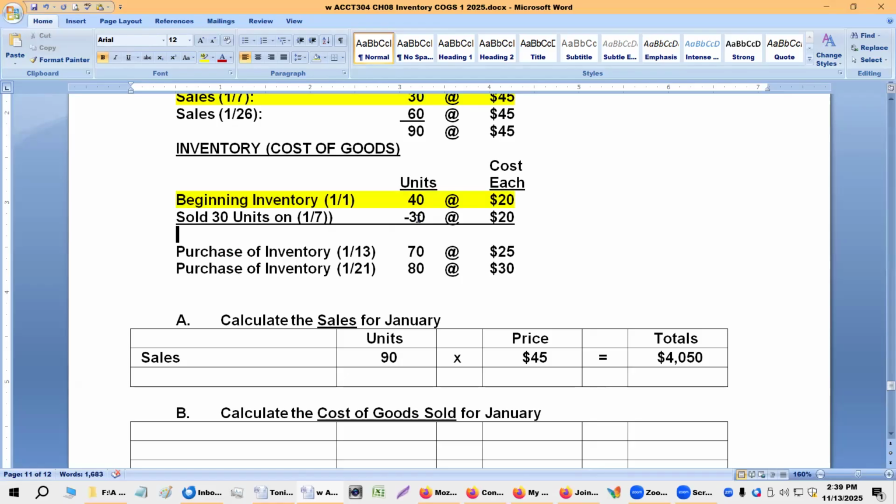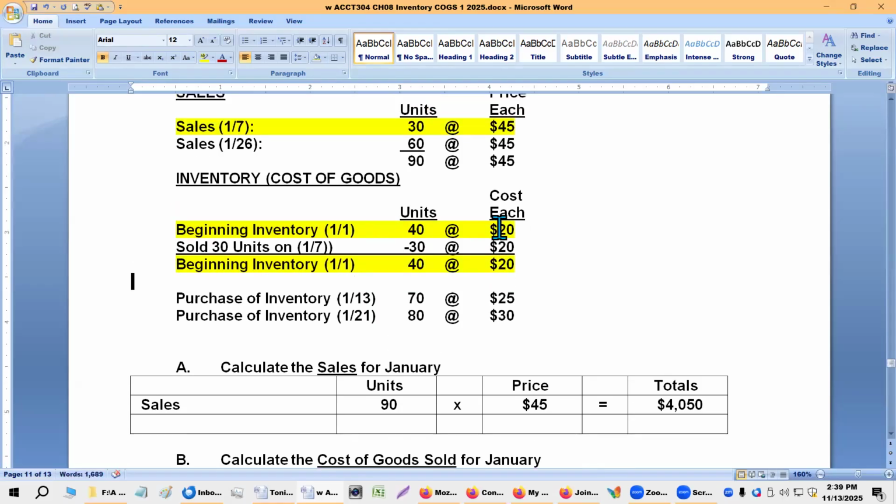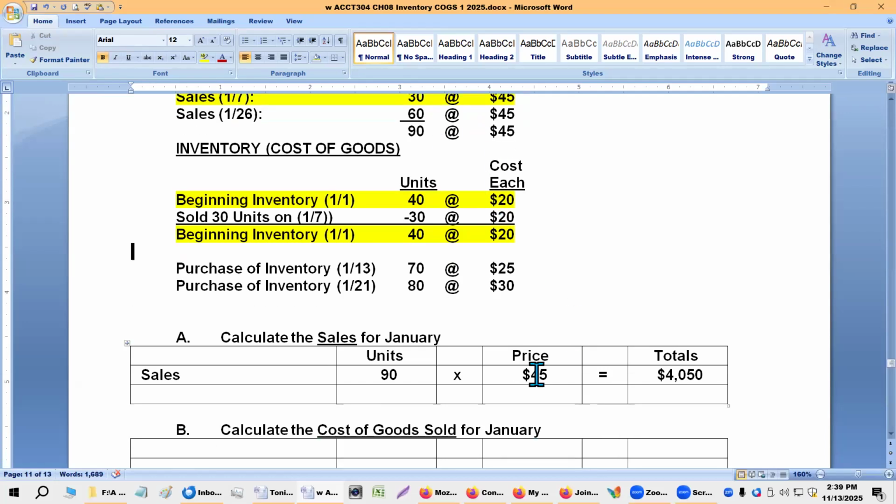Professor, for the 30 units sold on 1-7, we sell the 30 units at $45 apiece and not 30 at 20? This is the selling price. Yeah, we sold them at 45. However, the cost of goods sold, I'm sorry, I see what you're saying. Cost of 30 units sold. Thank you. Let me clean this up a little bit.